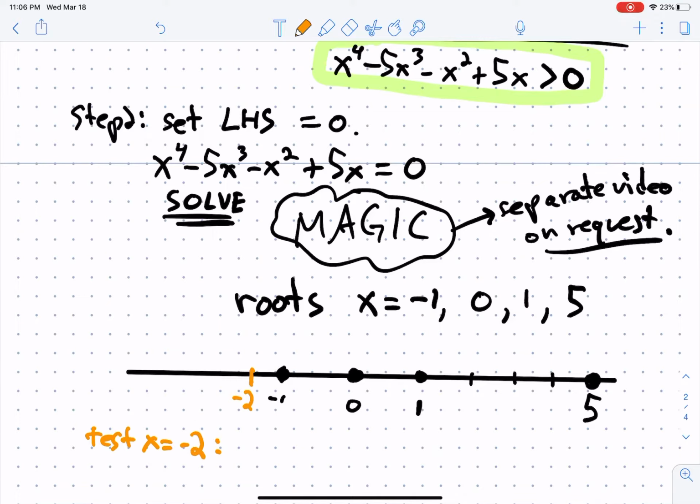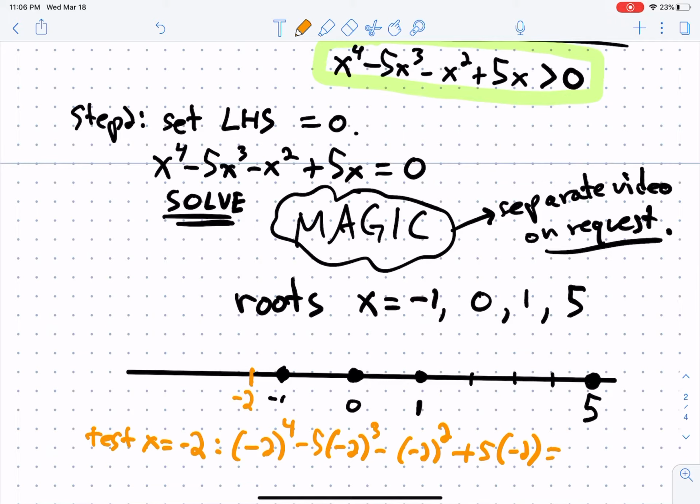And what does that consist of? Well, it consists of plugging in -2 to the 4th minus 5 times -2 cubed minus -2 squared plus 5 times -2. And what is that whole thing equal to? Well, we can do some plugging in, or if we have the graph handy in our calculators, we can just put the number -2 in there and see what we get.